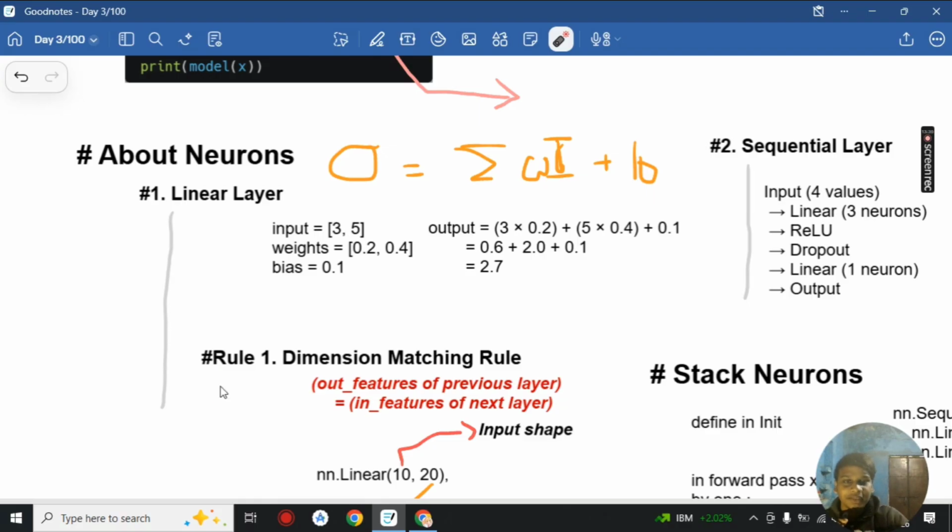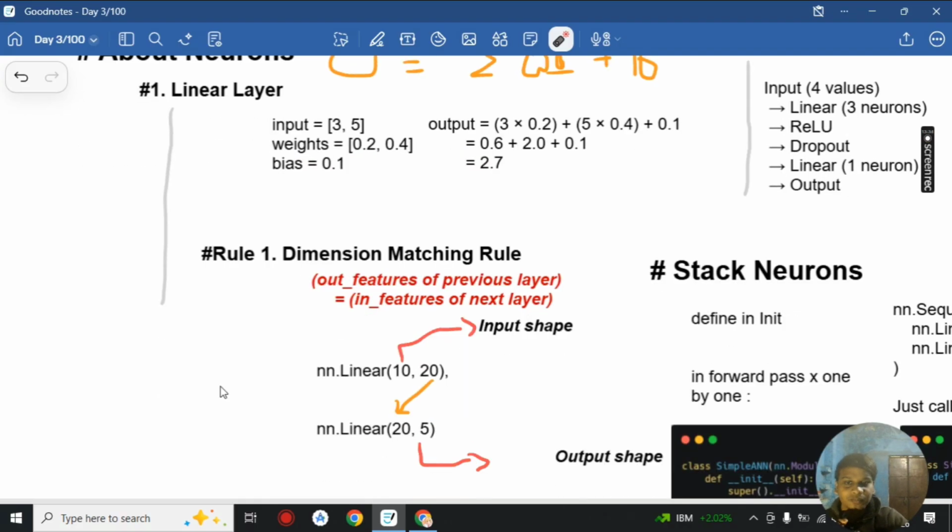Here you may be asking how to define it. It is defined by nn.Linear, and then we pass the input features and the output features.